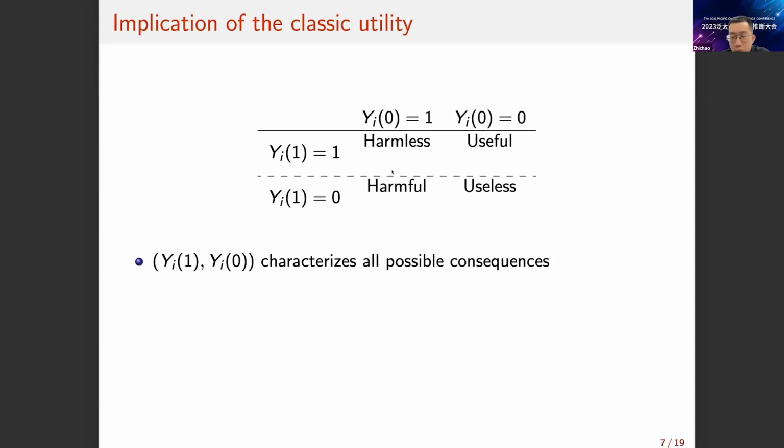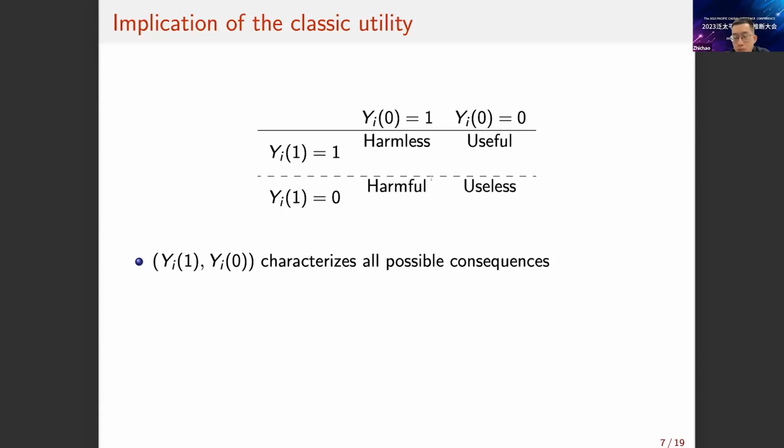If Y1 equals 1 and Y0 equals 0, the patient will survive only if taking the treatment, so the treatment is useful for the patient. If Y1 equals 0 and Y0 equals 1, the patient survives only if not taking the treatment. The treatment is harmful. And in the last setting, the treatment is useless.